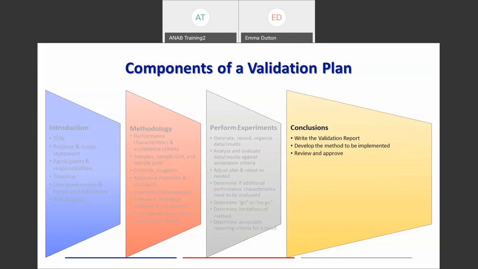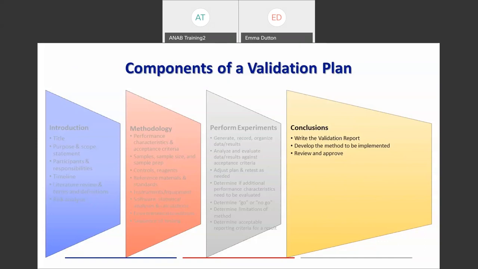The last part of the validation plan and some things to consider is basically wrapping it all up and coming to your conclusions. That we've made a decision that it's fit for purpose and it's good to go. You need to write that validation report, keeping in mind that that validation report is different than the method that's to be implemented. So the validation report is just a summary of the validation and the results of that validation.